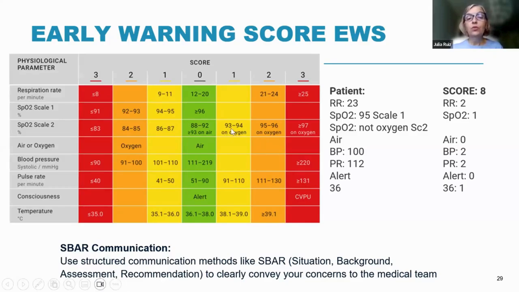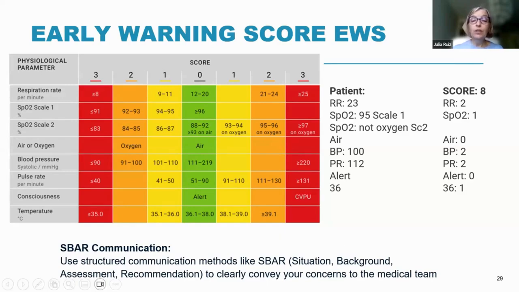If it's more than 93, 94, 95 on oxygen, it would give 1 point, 2 points, 3 points. But we don't have any points here on this saturation. The patient is on air. He is not using oxygen. So on air, it would be 0 points. So we continue having 0 points. We had 2 in the first, 1 in the second, 0 on the third, 0 on the fourth.